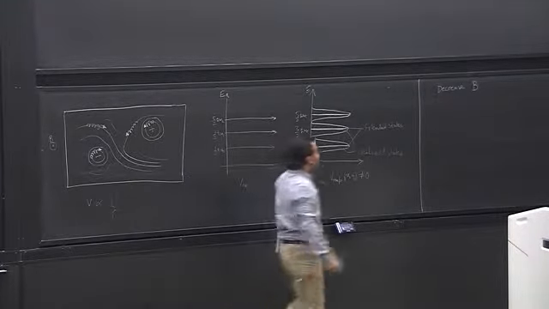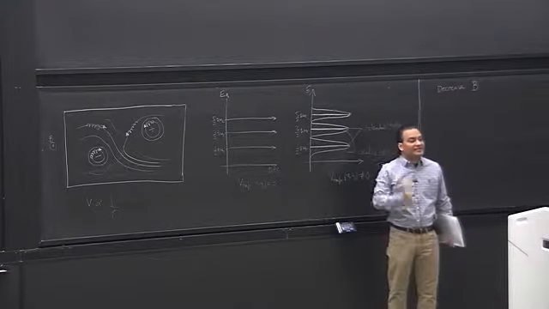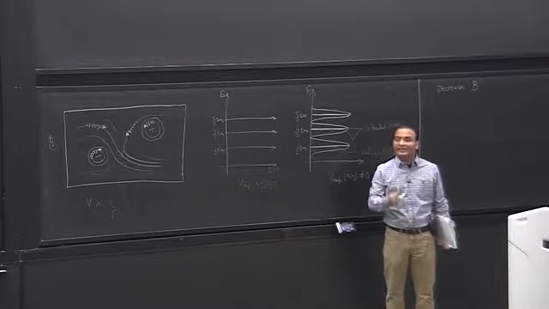Okay, so if we decrease B, what will happen? We know that the degeneracy of Landau levels will decrease.